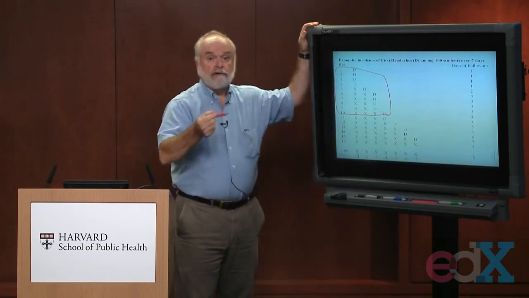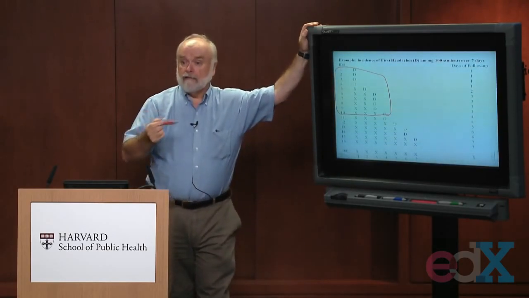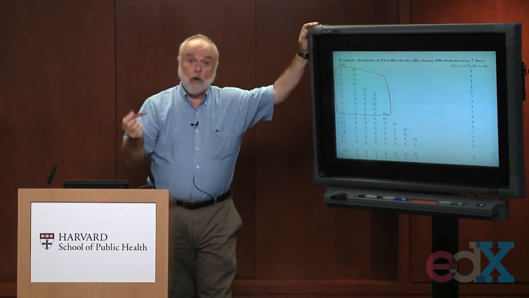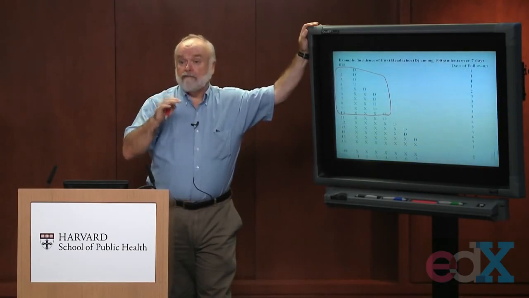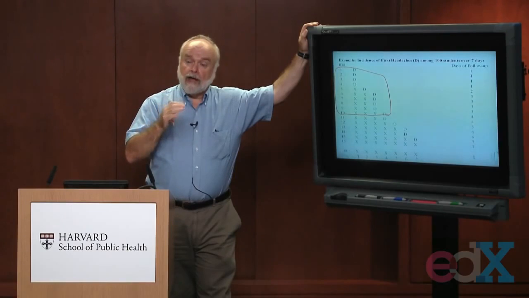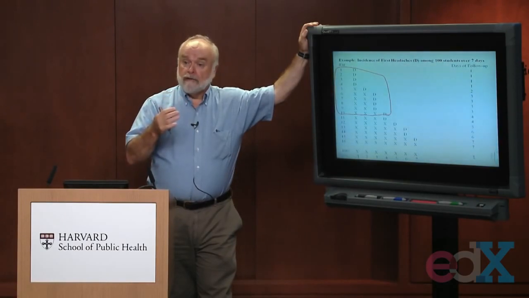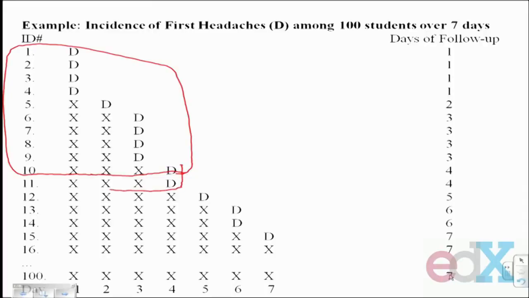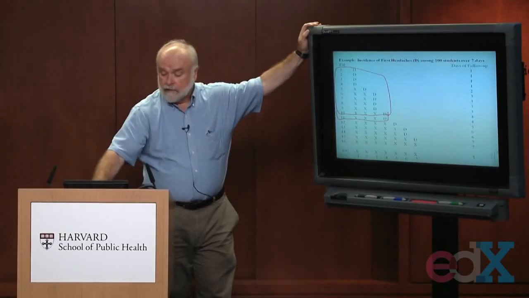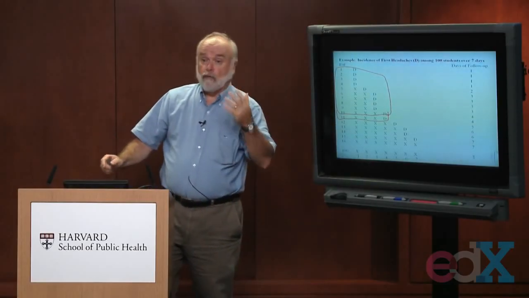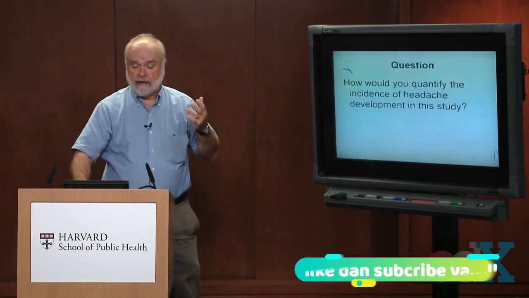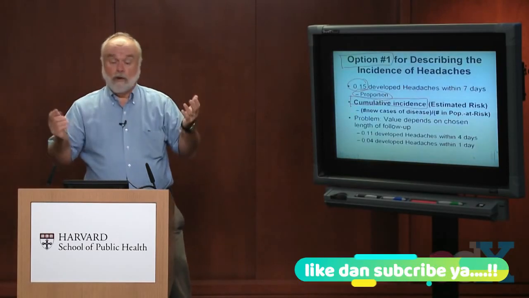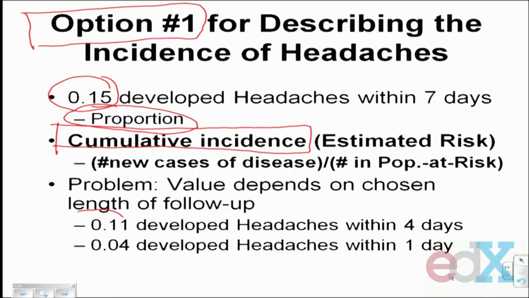Persons 11, 12, 13, 14, 15 who developed headaches on the 5th, 6th, or 7th day would not be counted as outcomes if I was interested in the risk of developing a headache within 4 days of follow-up. So in that case, it's 11. I misspoke here. 11 people developed headaches in the first 4 days of follow-up. So if I wanted to report the 4-day cumulative incidence, it would be 11 cases divided by the 100 people at risk, it'd be 11% cumulative incidence for that time period.